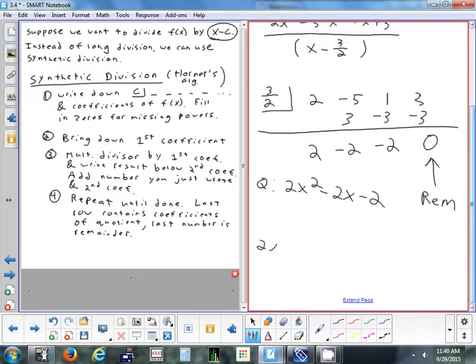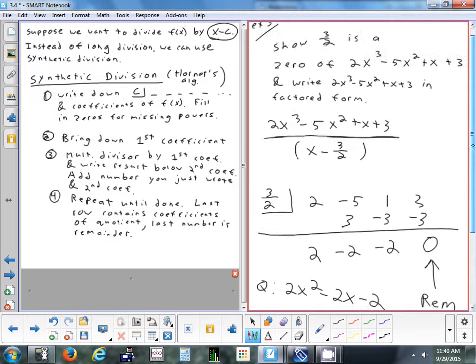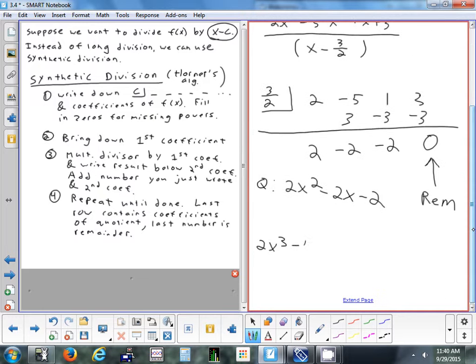So now we've got 2x cubed minus 5x squared plus x plus 3. That's equal to, well, what do we already know one factor is of this? We proved it. x minus 3/2. That's one factor.